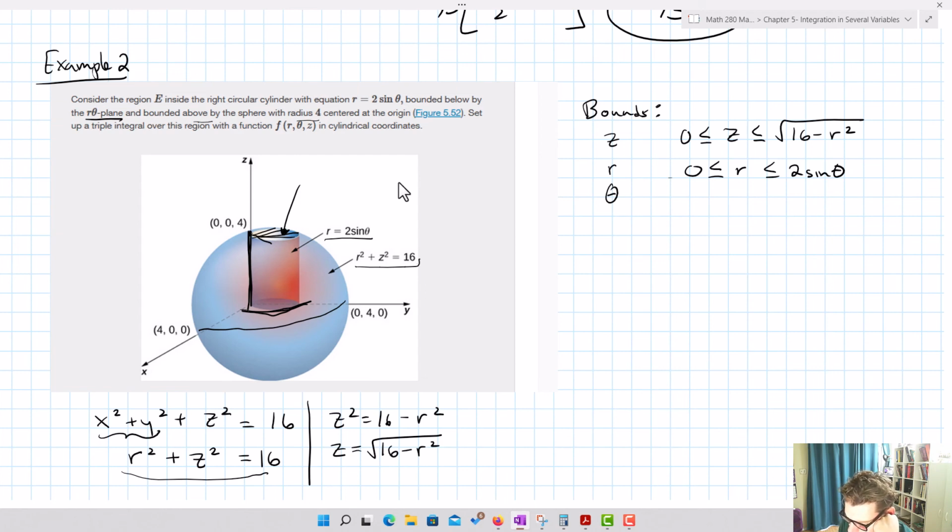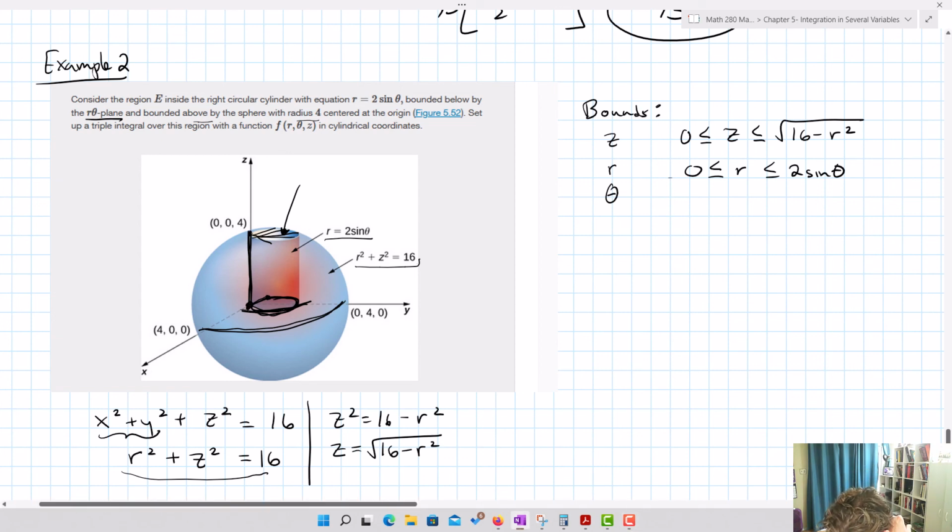And then finally, we're going to be looking at theta. Sometimes this gets a little tricky. Notice that this function is only inside of the first quadrant. And it turns out that we're just going to go from 0 to pi. The reason for this is you're going to start here at 0.